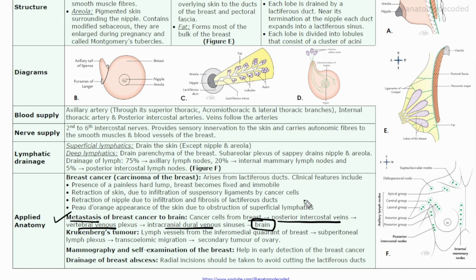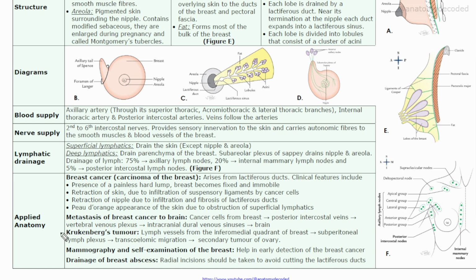It can go to the posterior intercostal veins, because in arterial supply we had learned posterior intercostal arteries, and there were veins of the corresponding names, right? The posterior intercostal veins are connected to the vertebral venous plexus. The vertebral venous plexus is connected to the dural venous sinus, present in the cranial cavity, through which cancer cells can go to the brain.